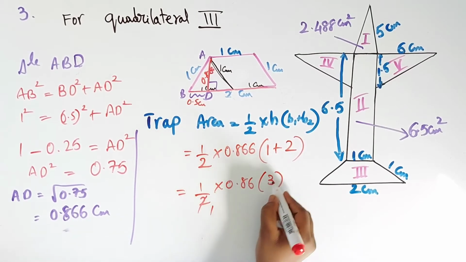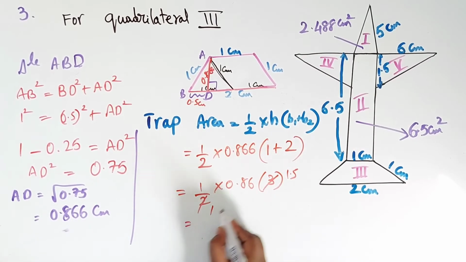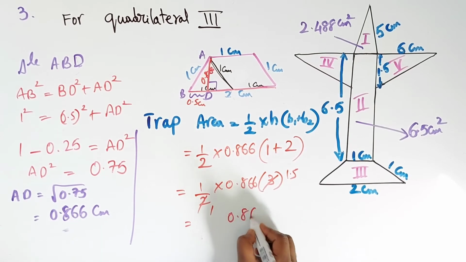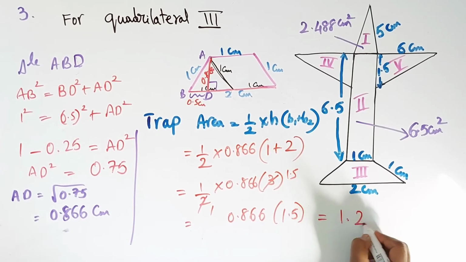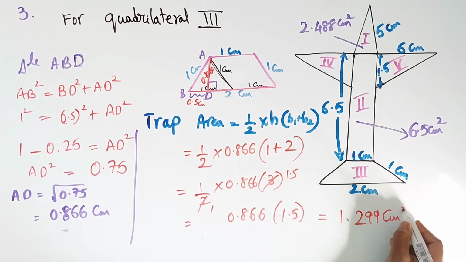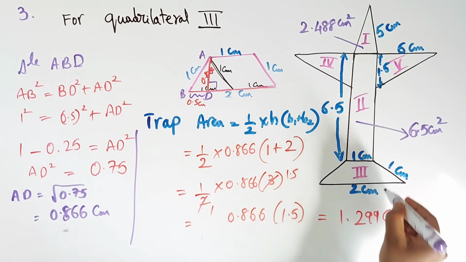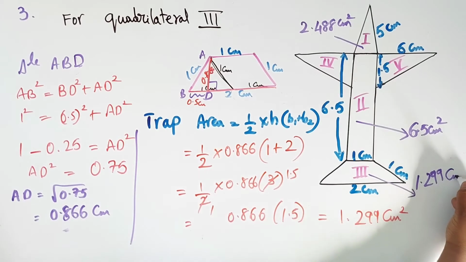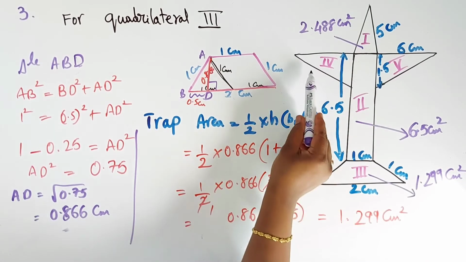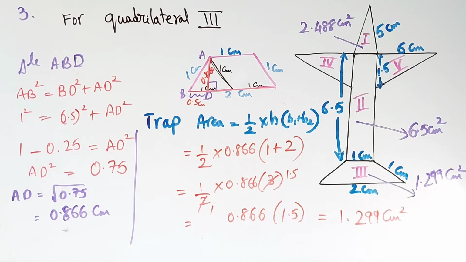Two ones are 2, 1.5, right? So 0.866 into 1.5 equals 1.299 centimeters square. So this portion area is equal to 1.299 centimeters square, children. Now fourth one and fifth one we have to find out.